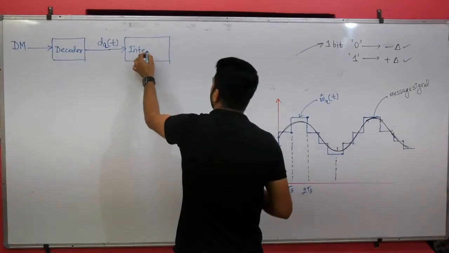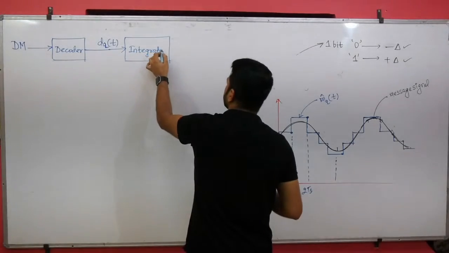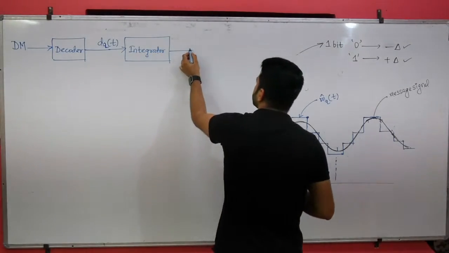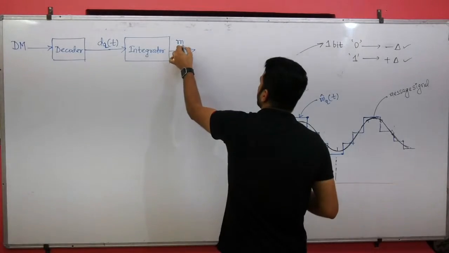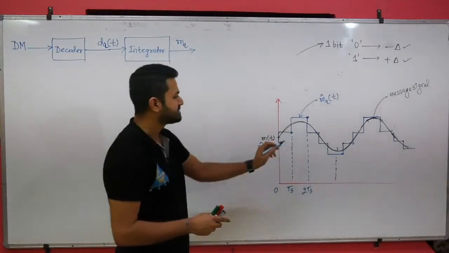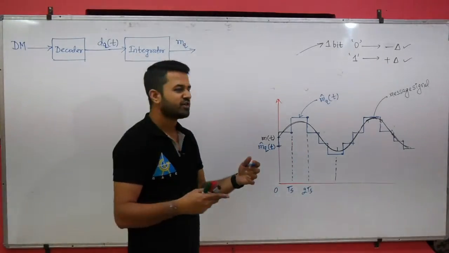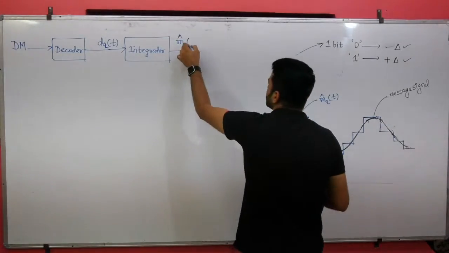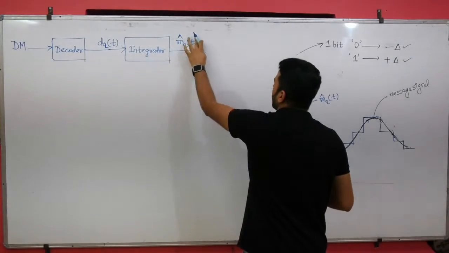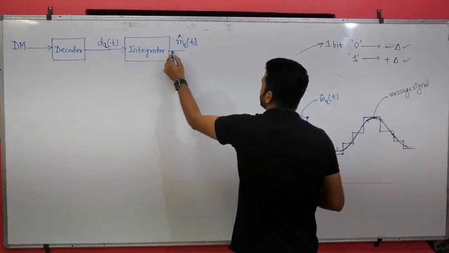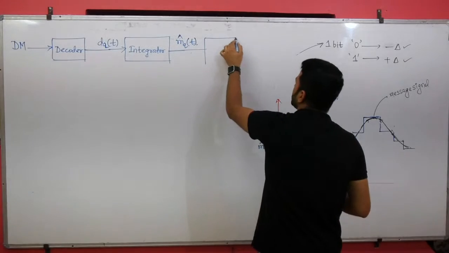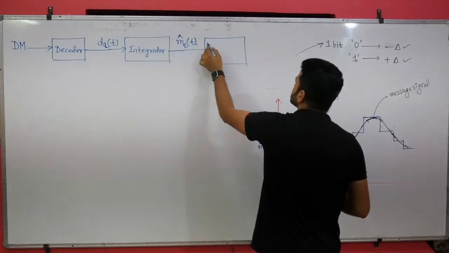Now I am drawing the receiver block diagram, and after the integrator, you will get that step signal. The output of the integrator is M cap QT, and this output of the integrator will go into the reconstruction filter.